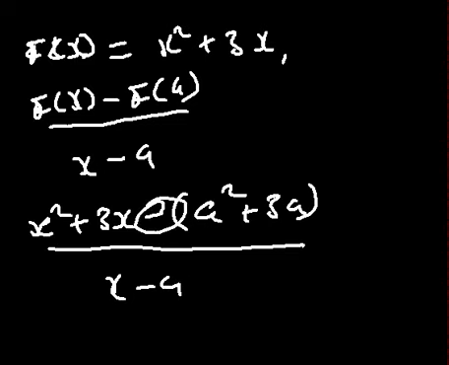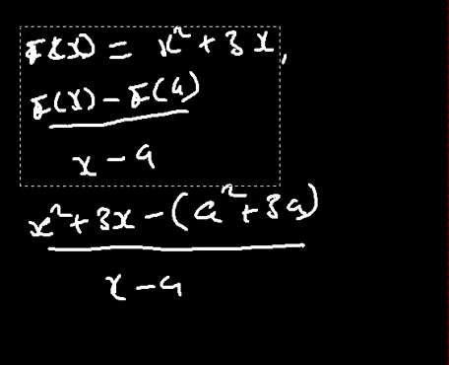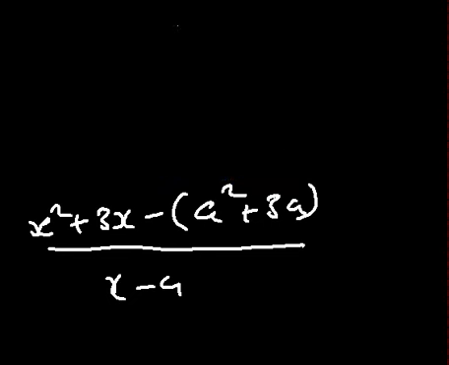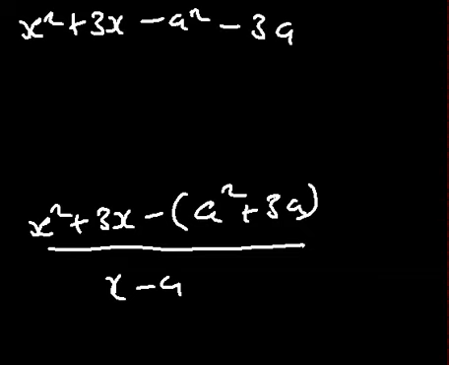I have to distribute the negative, so we'll have x squared plus 3x minus a squared and minus 3a. Now it is fine.